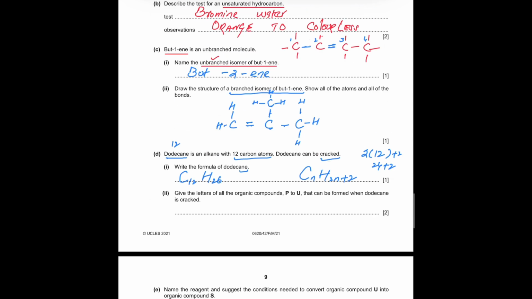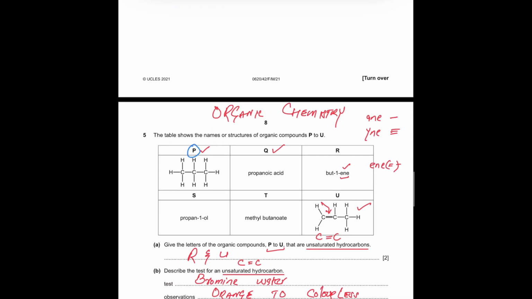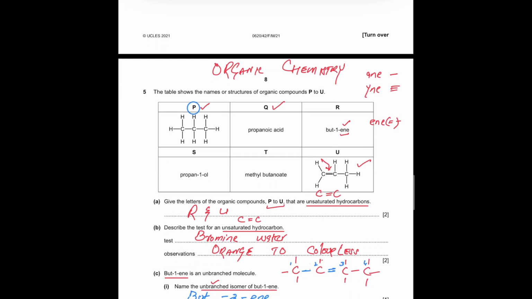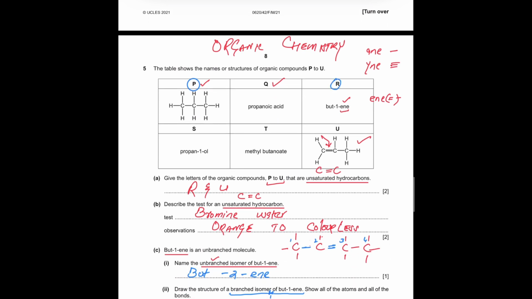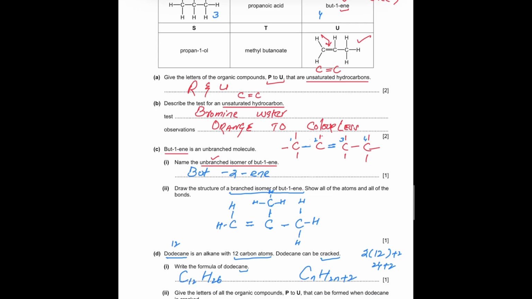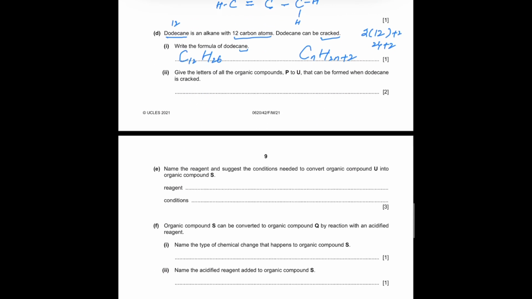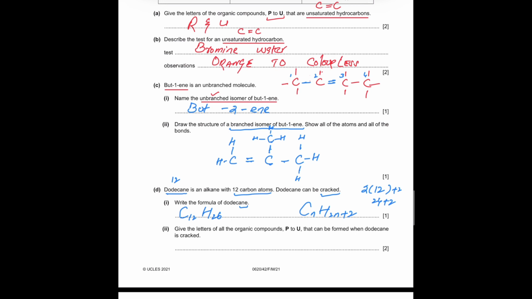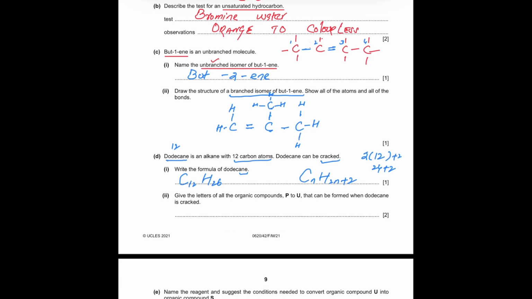So it will be P, the alkane, it has 3 carbon, and then R, it has 4. So 3, 4, and 7. So 3, 6, and 6, 4, 10. So P, R, and U.